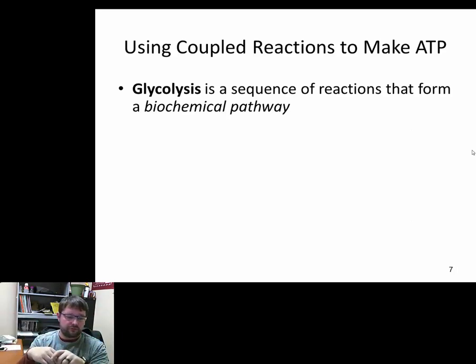So this enzyme creates a product. That product becomes the substrate of the next enzyme, which creates a product, which is the substrate of the next enzyme, all the way till a final product is formed. The final product in this case is going to be pyruvate.